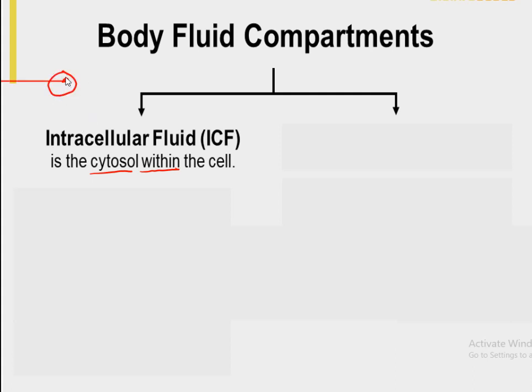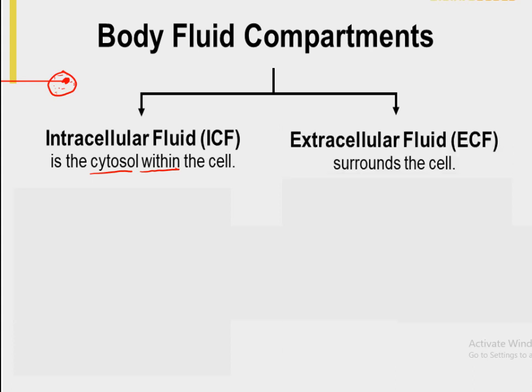If this is a cell with the nucleus, this fluid within the cell is what we call the intracellular fluid. The other one we can talk about is the extracellular fluid. Like I said, it is found outside.